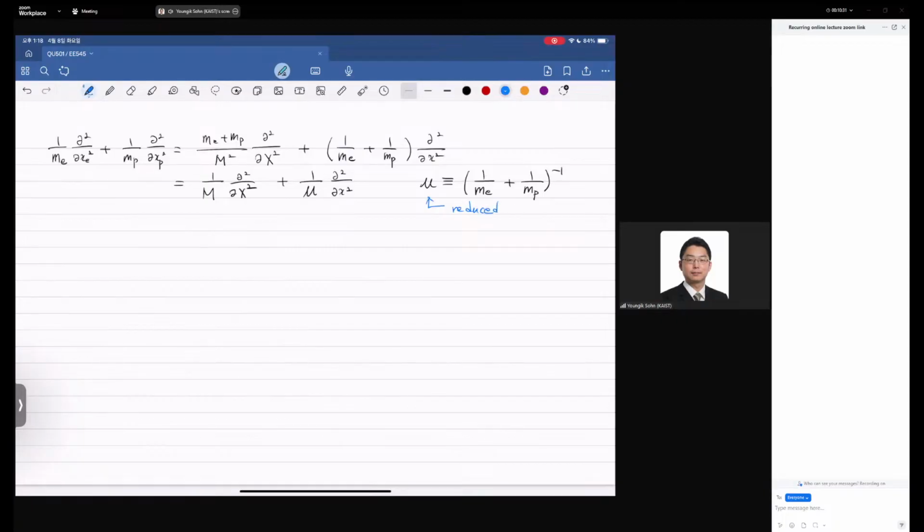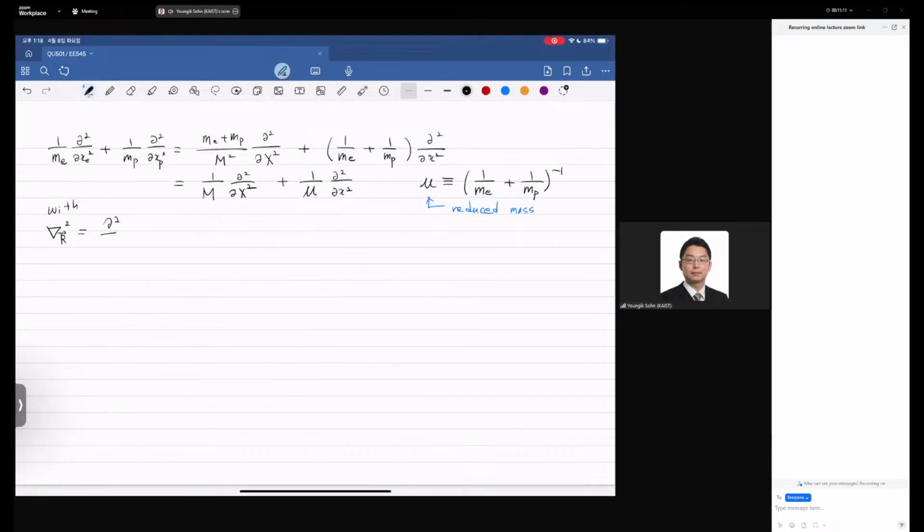It's usually used in the two-body problem, right? You have probably seen it when you studied gravity. But it's quite nice, right? Now you actually separate it into these two nice forms. And this comes with a newly introduced operator, the center of mass coordinate Laplacian.